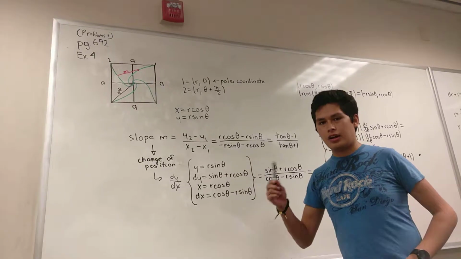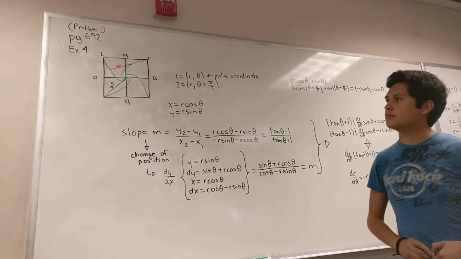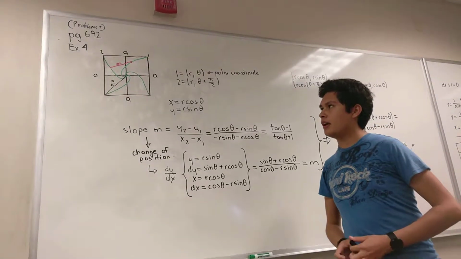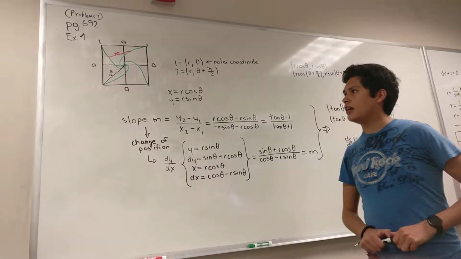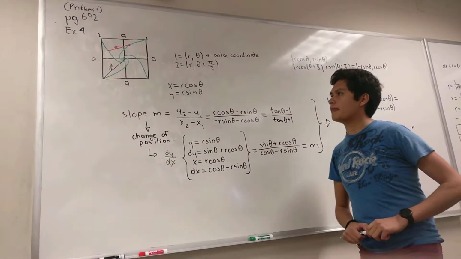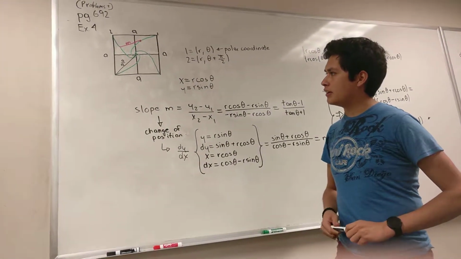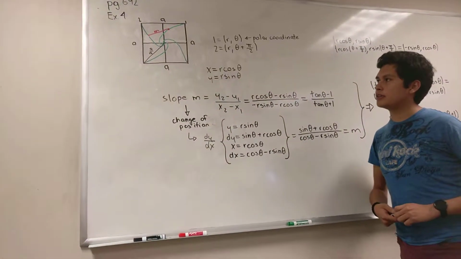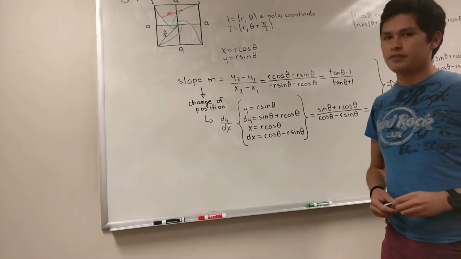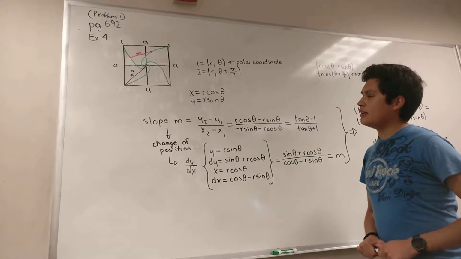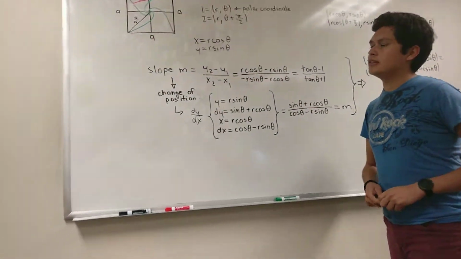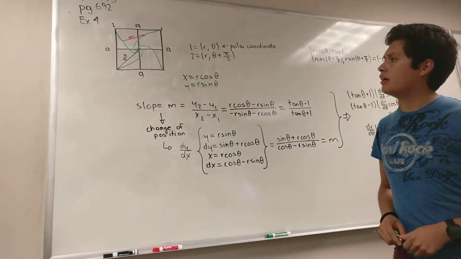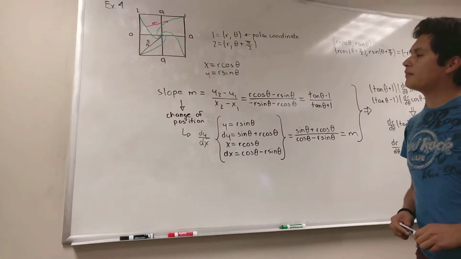The problem today we chose to present is from Problems Plus, page 692, exercise number 4. The exercise consists of having 4 bugs displayed on a square. Each one of the bugs is placed on one of the edges, and from there the bugs are moving towards each other at the same rate on a constant velocity.